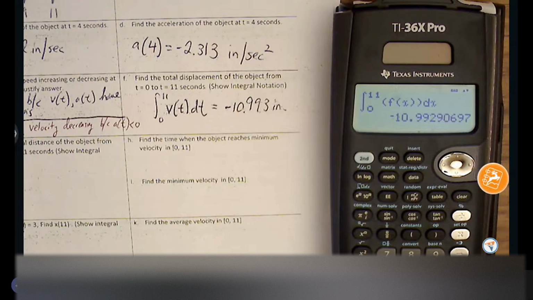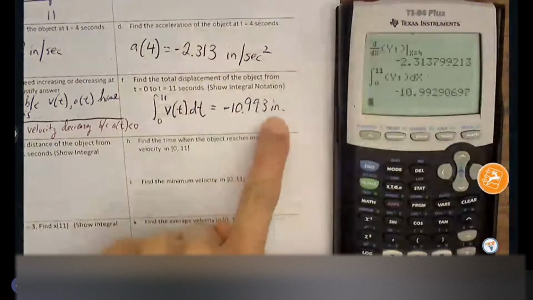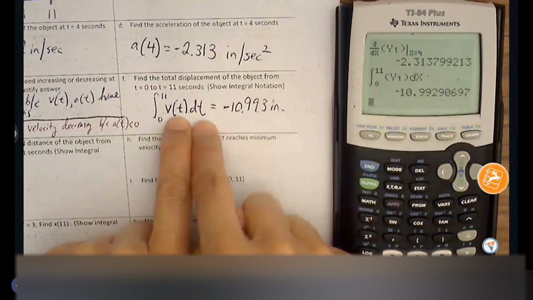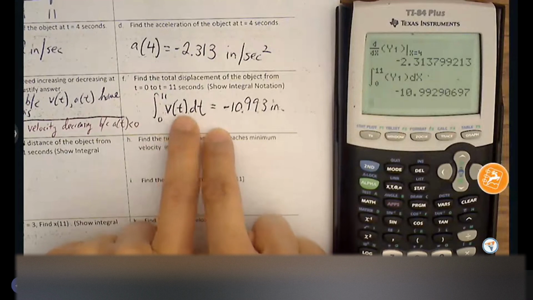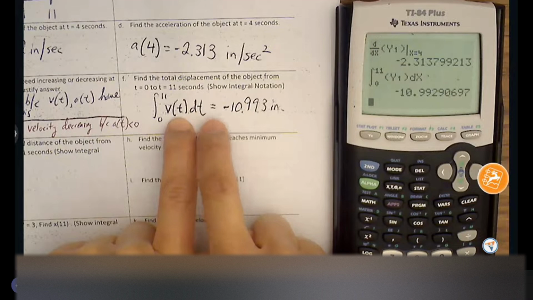Okay, questions with displacement. Also, notice what happens to velocity, right? When we take the integral of something, that unit is going to change. Velocity was inches per second. And basically, what we're doing is multiplying by time.